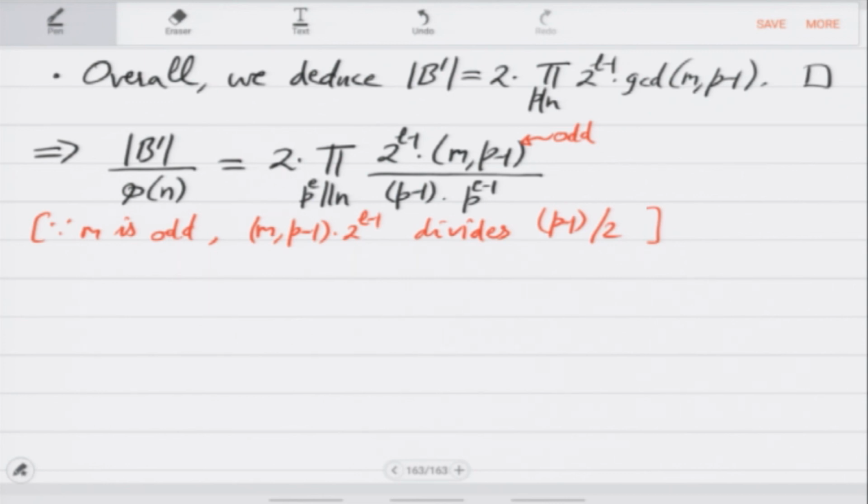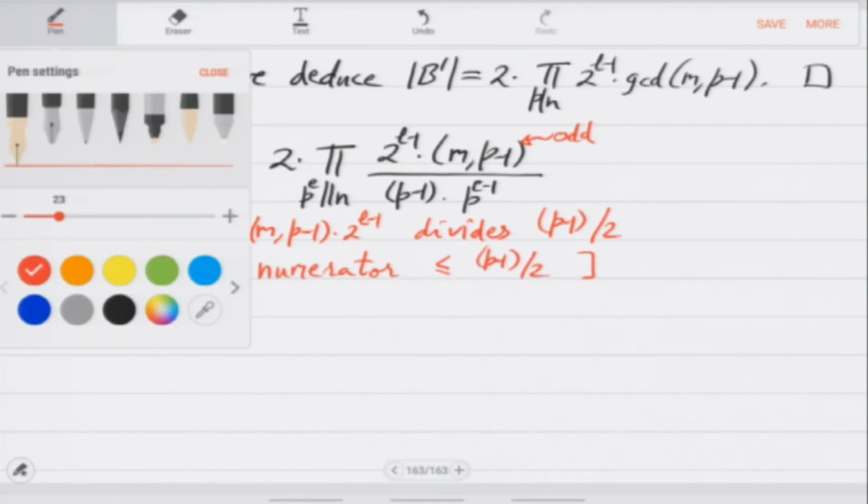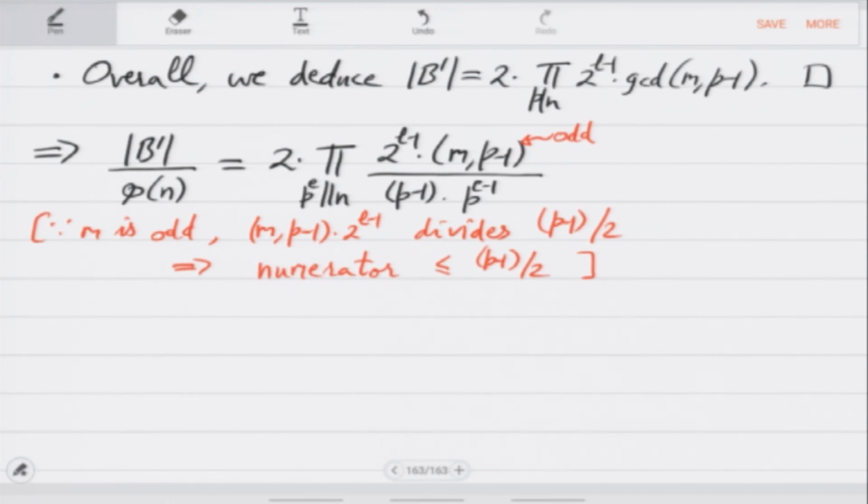So which means that it is smaller than p minus 1 by 2. Right, so since the numerator is smaller than p minus 1 by 2, we actually get an estimate of this.